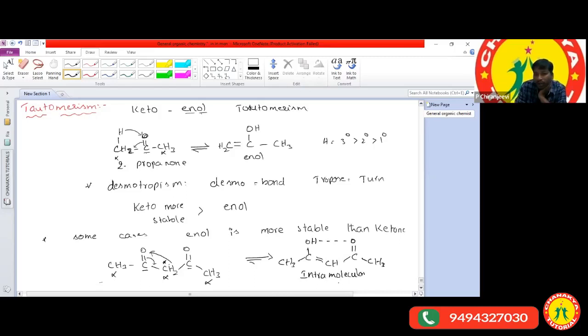Intramolecular hydrogen bond. Sir, first of all, what is the hydrogen bond, sir? Aditi? Madhusudan? Aditi, what is meant by the hydrogen bond?